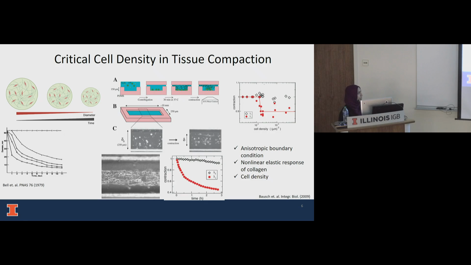And as you can see, there is a sharp drop in the amount of compaction when the cell density went below a certain number. And they found the corresponding cell-to-cell distance for such compaction to be 100 micron. So from this, the main question we are asking, okay.